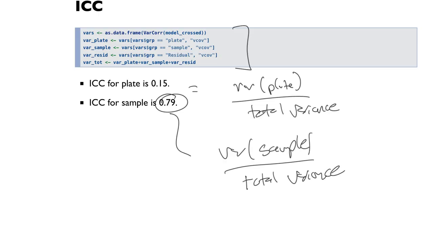And you can see that 80% is due to the sample, which is the biological variation in this context. I don't know if that's good enough, but at least it's not lower than the plate variability. It's 80% of the variation is due to biology.